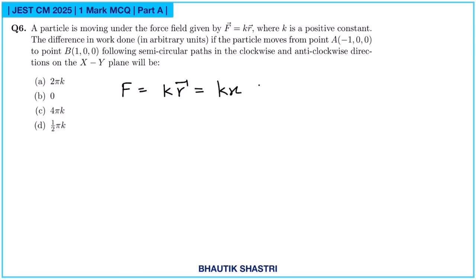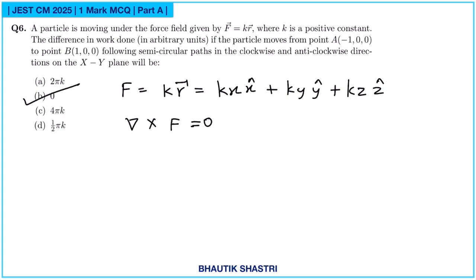Let's check if it is conservative or not. So this is kx x cap plus ky y cap plus kz z cap, and you can check that del cross F is equal to 0. That means F is conservative and work done will be independent of path. So it will be same along both the paths. So difference will be 0. So option B is correct.